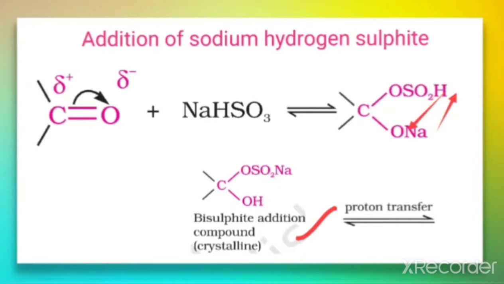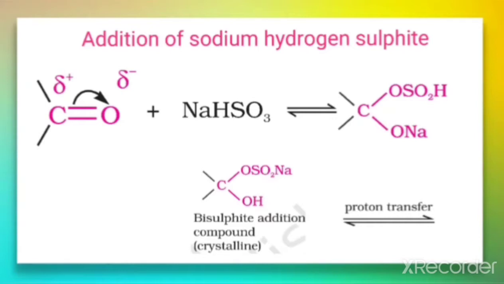After the proton transfer, that is Na plus and H plus changing their positions, this gives rise to the bisulfite addition compound that is formed here. So this is the reaction of the aldehyde and ketone with sodium hydrogen sulfite.